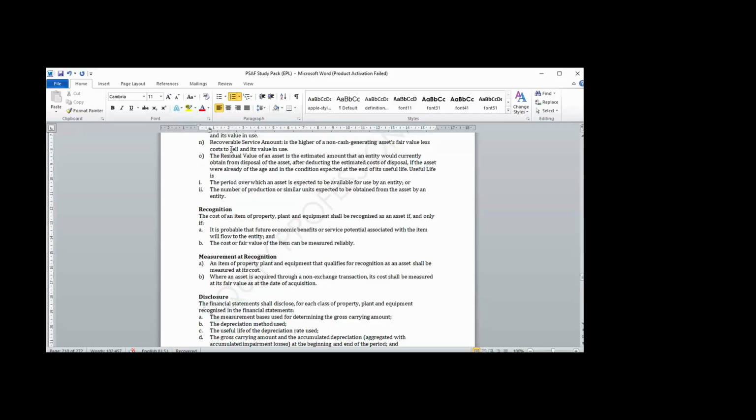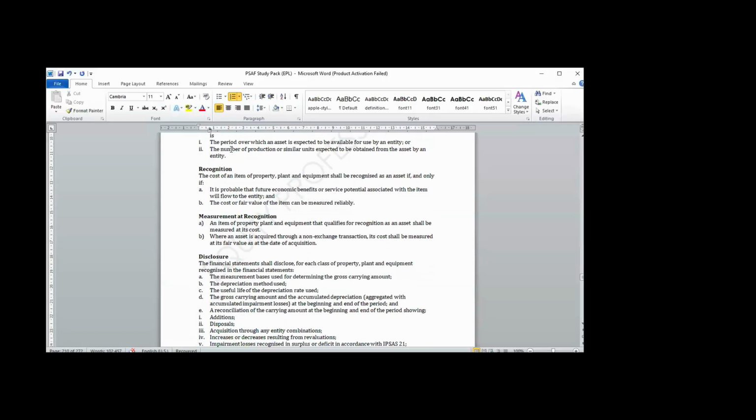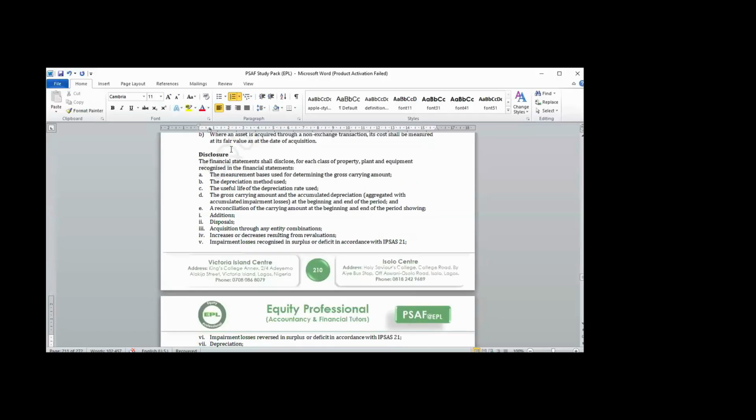The cost of the asset needs to be disclosed. Depreciation method needs to be disclosed. Useful life of the asset needs to be disclosed. Gross carried amount needs to be disclosed. Accumulated depreciation needs to be disclosed. Accumulated impairment loss needs to be disclosed. The annual depreciation needs to be disclosed.